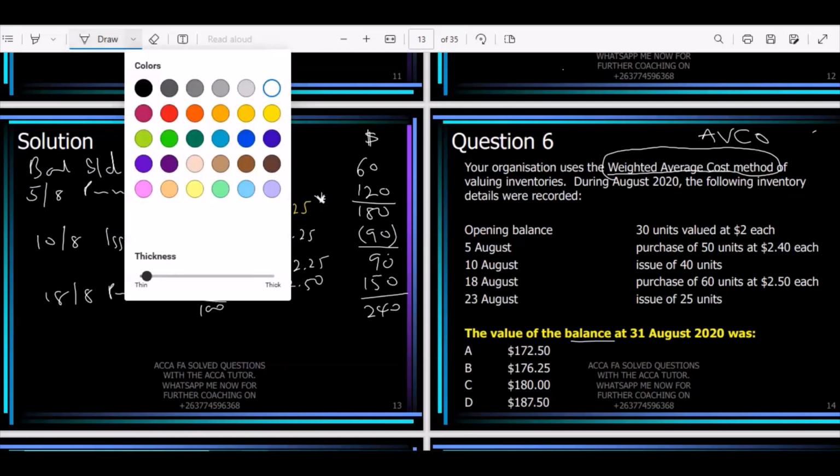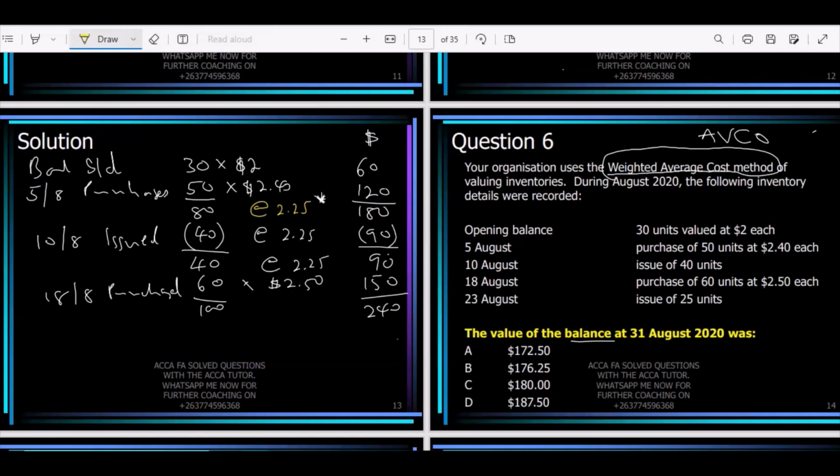So what is the average cost per unit of these units? Obviously that's 240 over 100, that's $2.40. So on average each unit is costing $2.40.